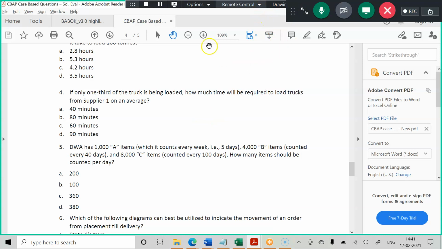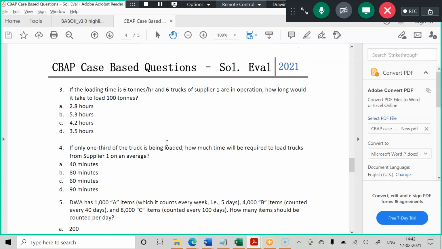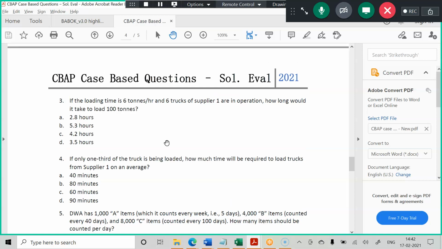Yeah, thank you. So you were saying that calculation based questions could be based on each module, like the six modules, the knowledge areas? Yeah, it can be something similar. This is like solution evaluation based.